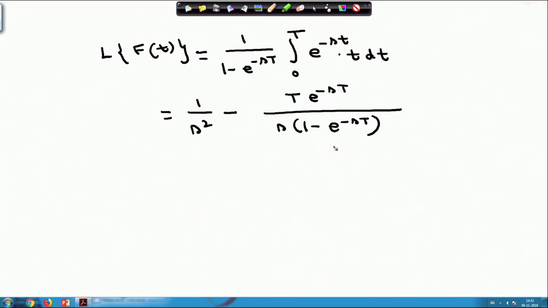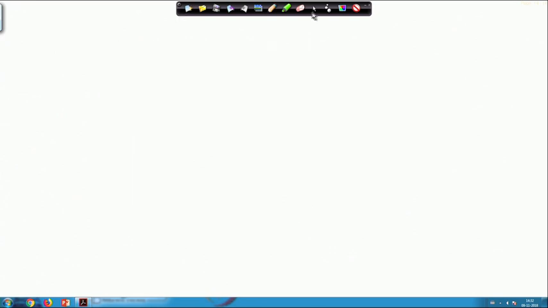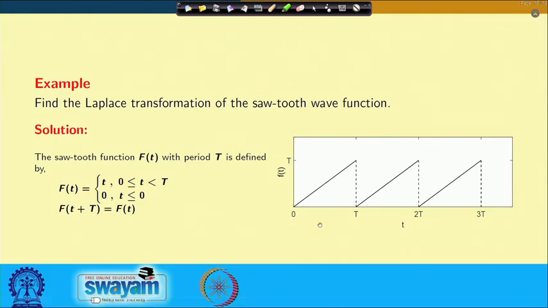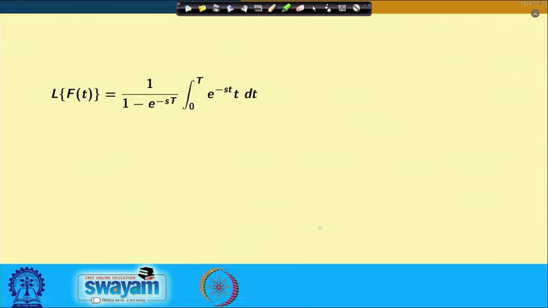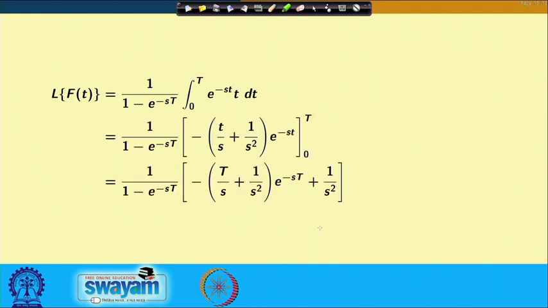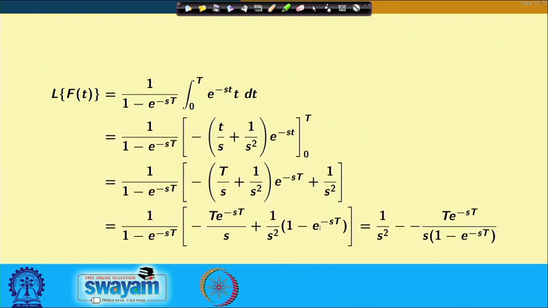So, you are getting this particular value. If we go back here, your f t is 1 minus this. Here I have given some steps for evaluation of the integral, and at the end I have given the final result.